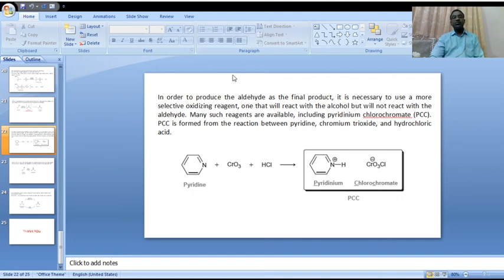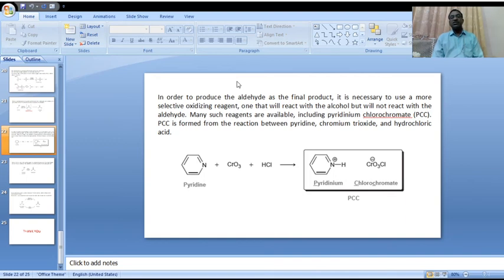In order to produce the aldehyde as the final product, it is necessary to use a more selective oxidizing reagent, one that will react with the alcohol but will not react with the aldehyde.